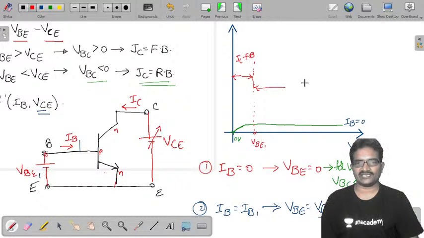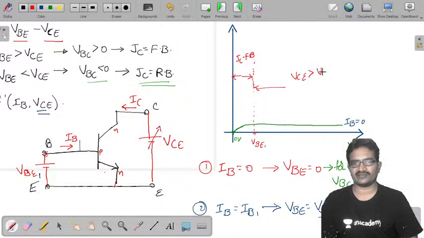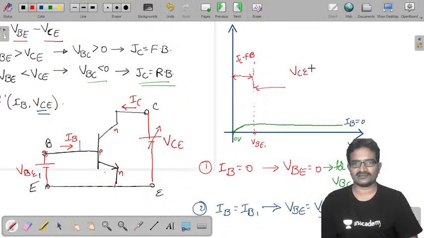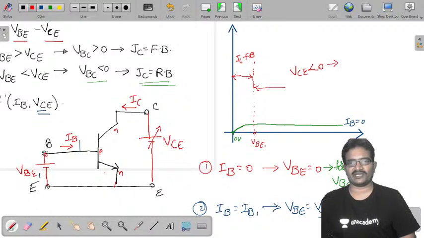Next, after this, VCE is greater than VBE. That means VBC is less than 0. Once VBC is less than 0, the collector junction is in reverse bias.